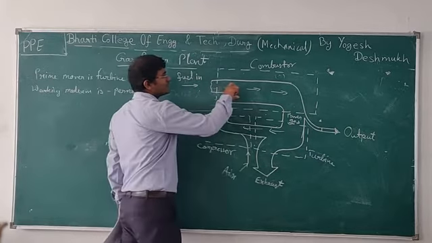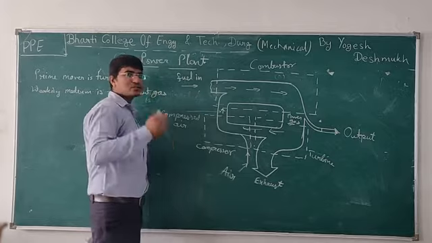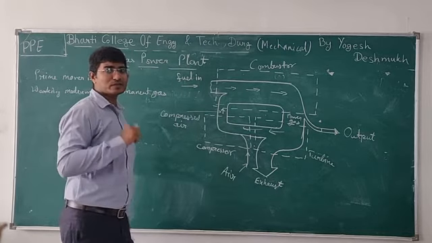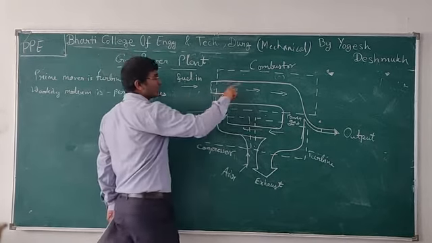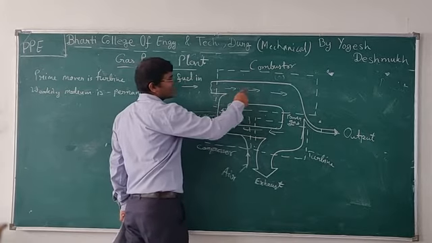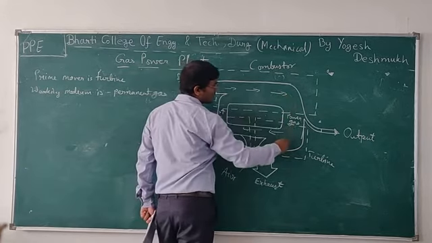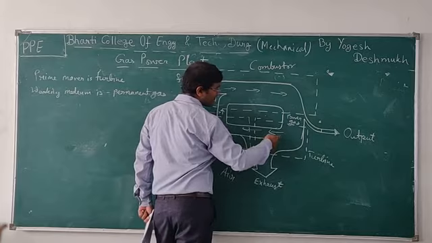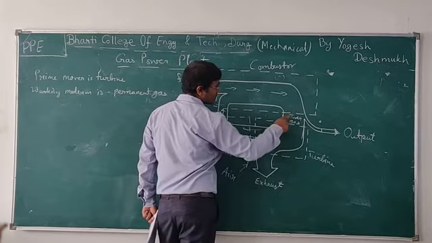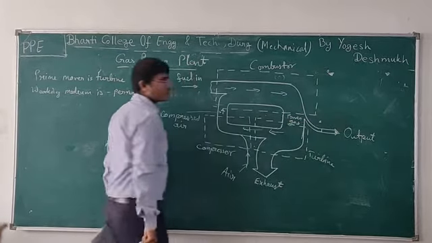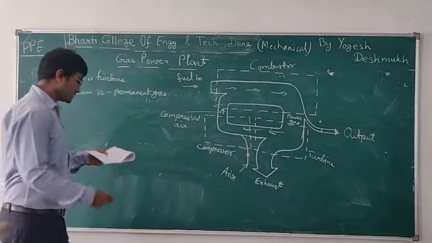The compressed air mixes with it, and as the temperature and pressure of the compressed air are high, the combustion goes rapidly at high pressure. These flue gases come over here, do work in the turbine, and then the exhaust gases leave, and the output of the turbine goes to the generator to generate electricity.